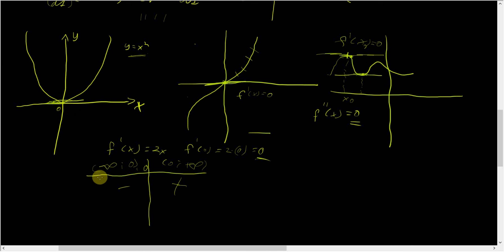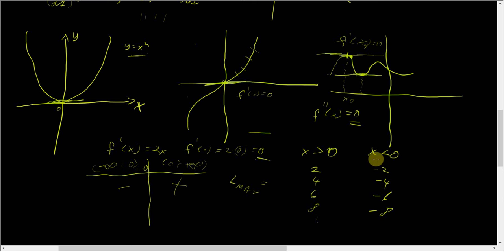So in this case, if I want to find out if this has a local maximum, I've derived my function. What happens when I plug in values of x which are larger than 0? I get numbers like 2, 4, 2 times 3 is 6, 8, and so on. So it's getting larger. What happens when x is smaller than 0? It's getting smaller. So 2 times minus 1 is minus 2, minus 4, minus 6, minus 8, and so on.